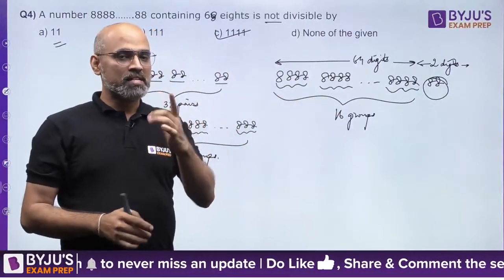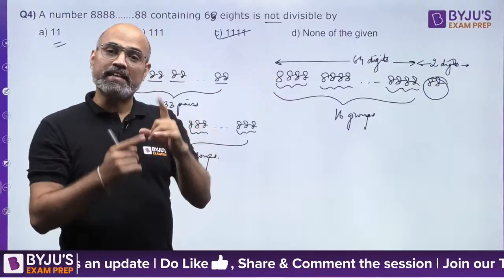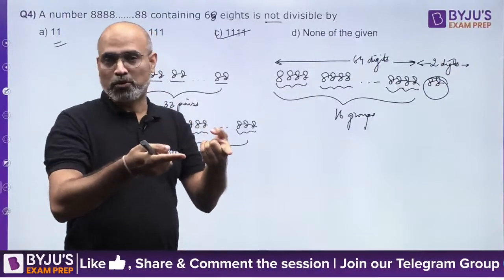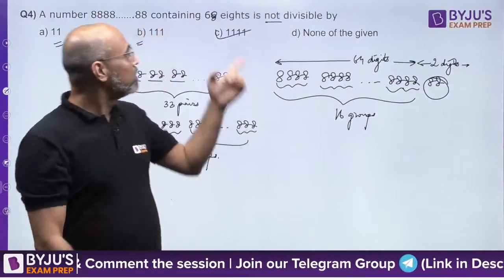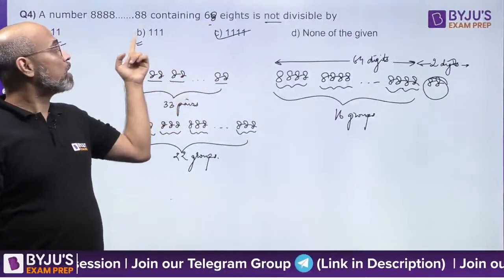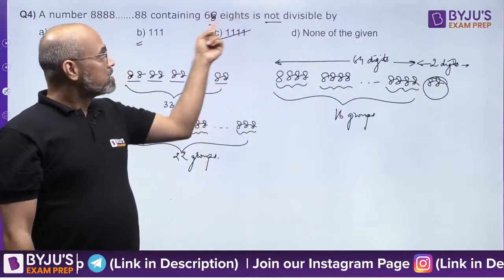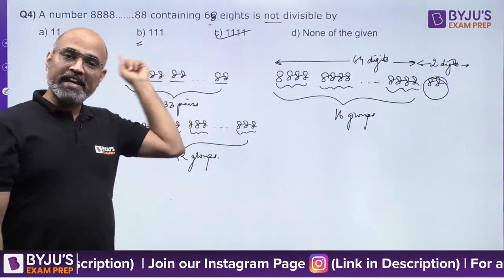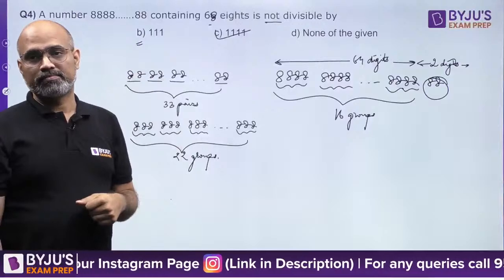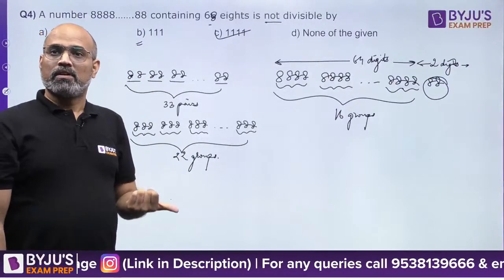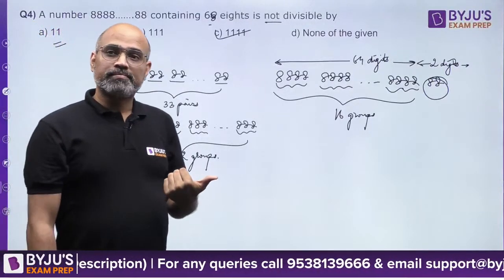No. 66 or 69 would have formed groups of 3, but 68 does not. Then we would have said that the answer is option B. If you have 68 8s written, it won't be divisible by 111. Got it, Tompin?